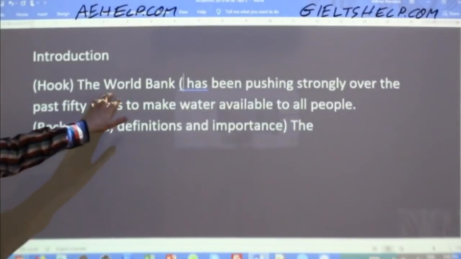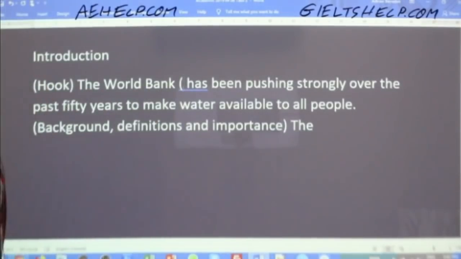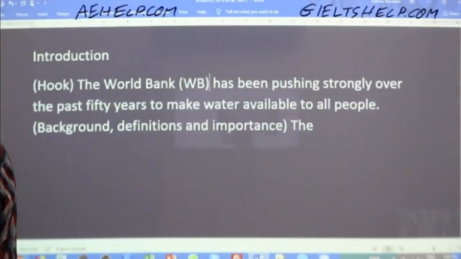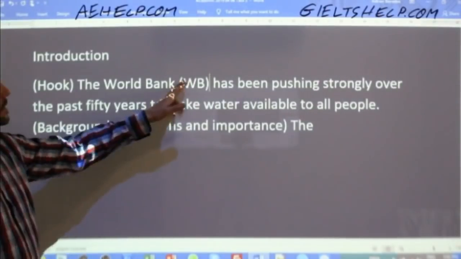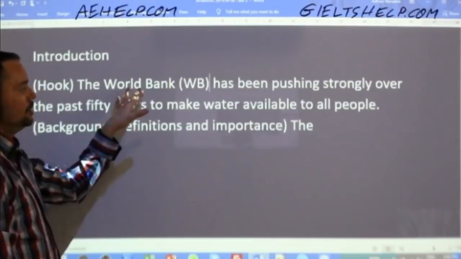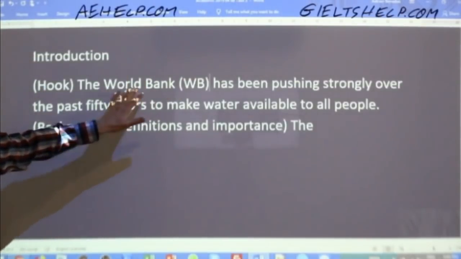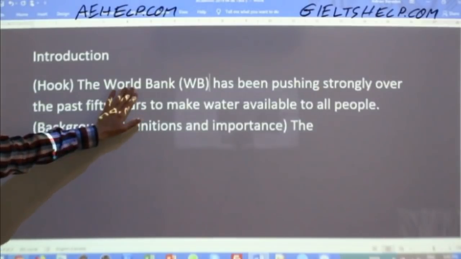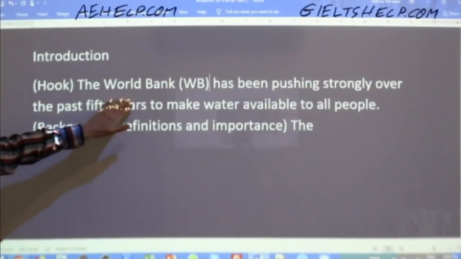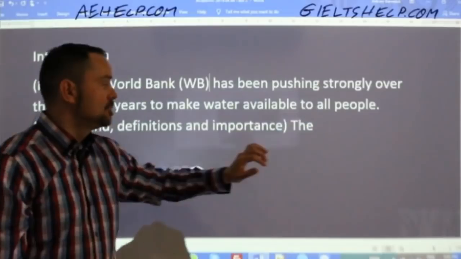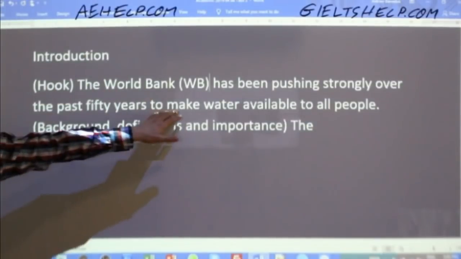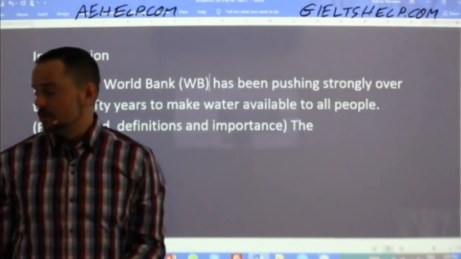So here, for the World Bank, I'm just going to create an acronym of WB, in brackets. I don't want to rewrite World Bank again and again. That's just going to take up too much time, and it's not necessary. So the World Bank, WB, has been pushing strongly over the past 50 years to make water available to all people.